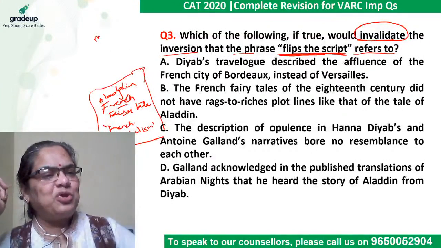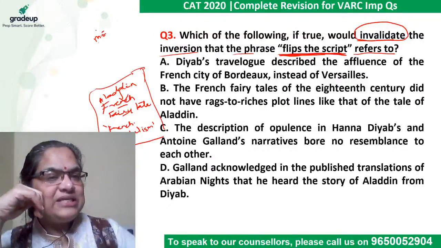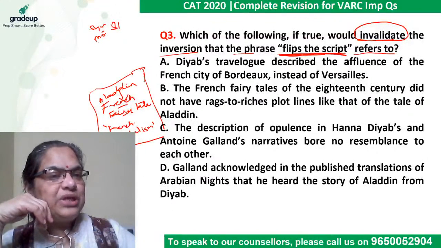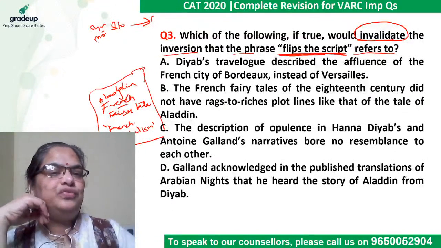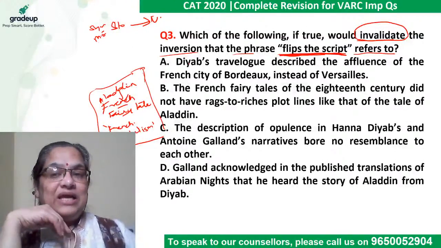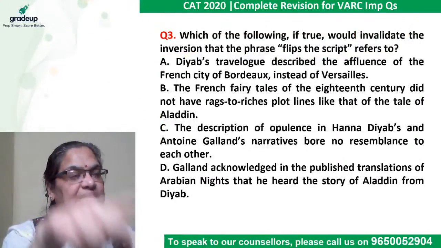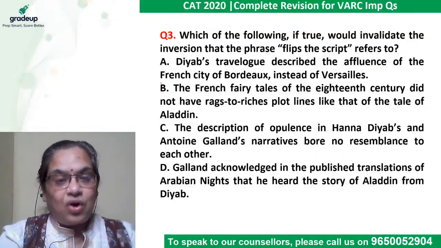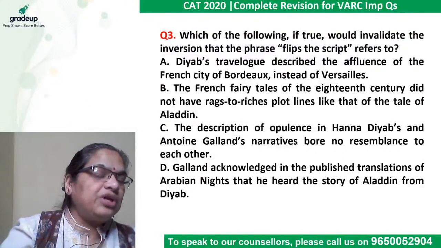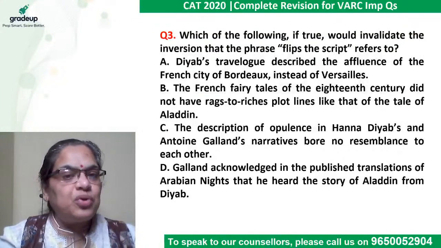Aladdin is based on the story of a Middle Eastern or a Syrian storyteller who comes to Versailles. He is asking which one would invalidate this, that what you are saying is wrong. That means you have to show that the story of Aladdin is not based on Diab's own experiences.